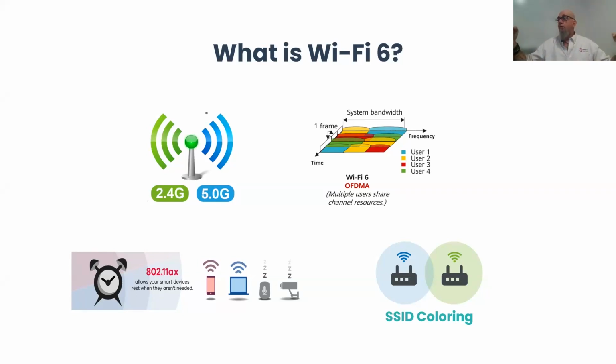So the key with SSID coloring is to say, you know what? Let's add a little header bit to the access point communication between its client devices. So now you only have to wait for client devices connected to the same access point. If there's a client device using the same frequency, but it happens to be on a different access point, you go ahead and transmit. We're transmitting to different APs.